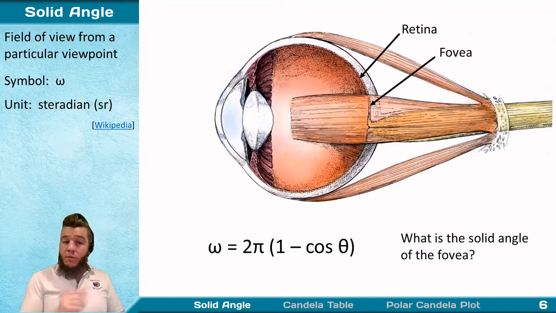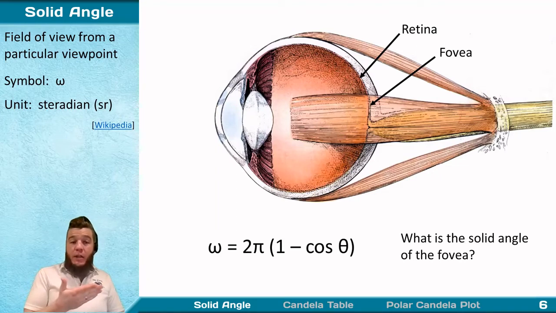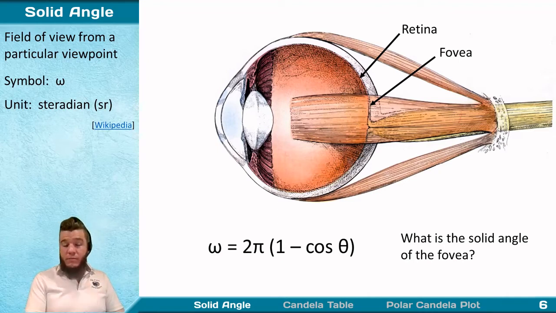So, as we recall from the vision and perception lecture, the fovea is the center part of our vision, the high fidelity piece of our vision, where we get the most information. That's where we read and see in fine color detail. So the question is, what is the solid angle of our fovea?